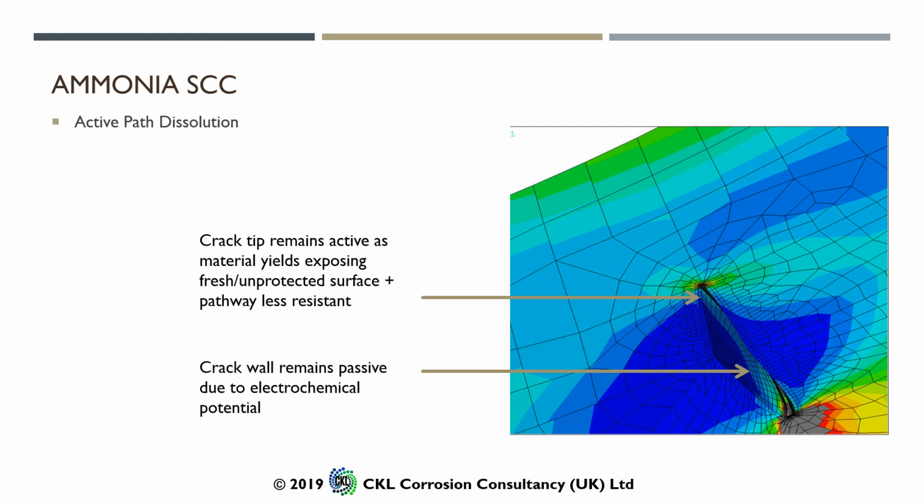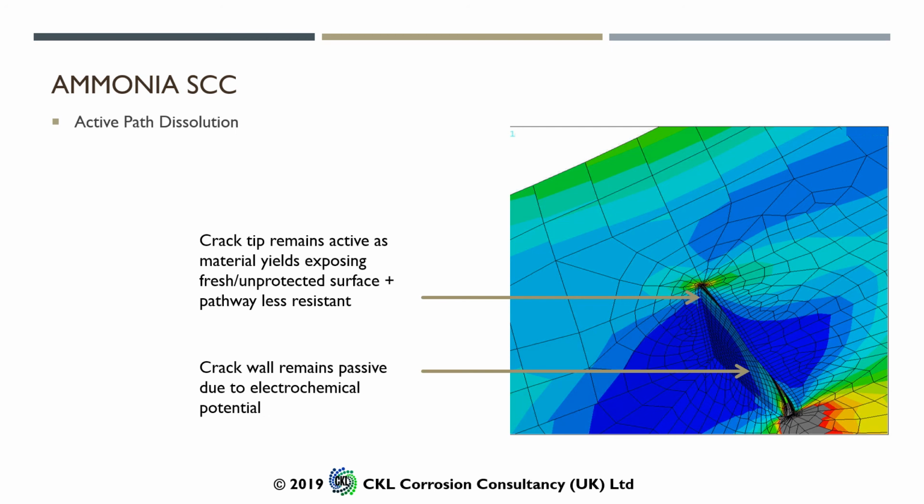And what's happening is that, as we described earlier when we looked at this process in a little bit more detail, the crack tip remains active. What's happening at the crack tip is the material is yielding, and that's exposing fresh, unprotected, and when I say unprotected, I mean unpassivated material, and that forms the pathway for the corrosion to continue. Meanwhile, at that active to passive transition region, we have the crack walls that remain passive.